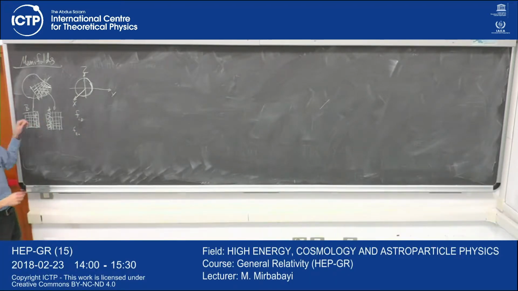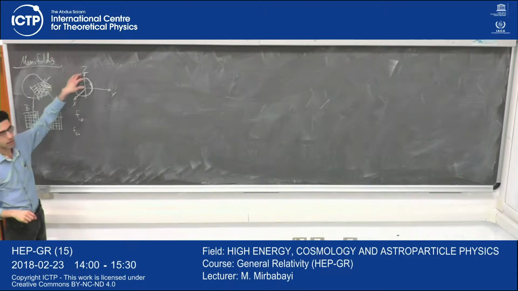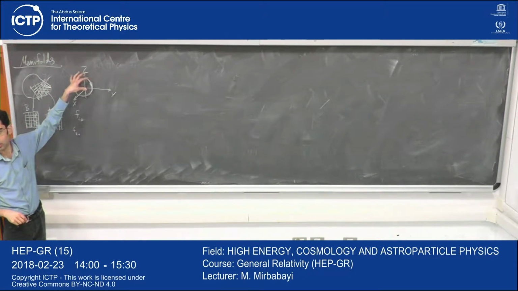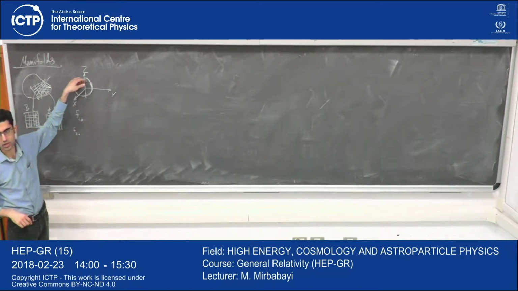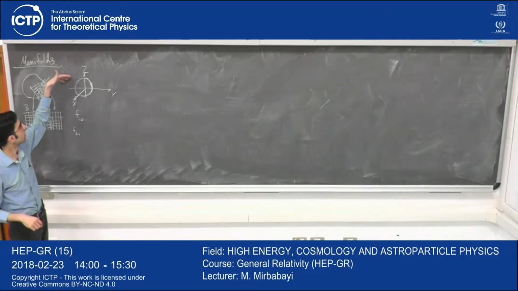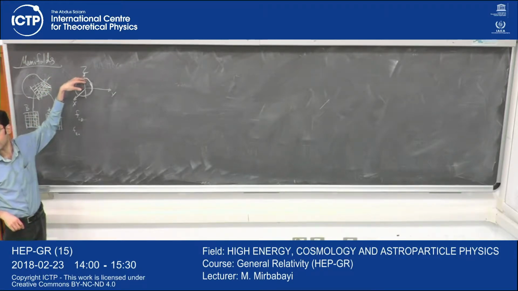It's a chart that gives coordinates, or gives labels, to the points in the hemisphere at positive z.